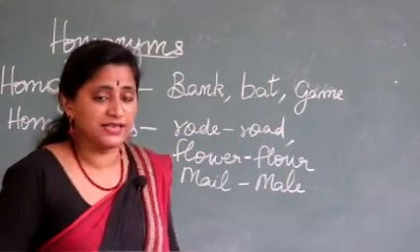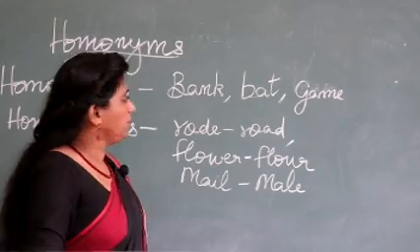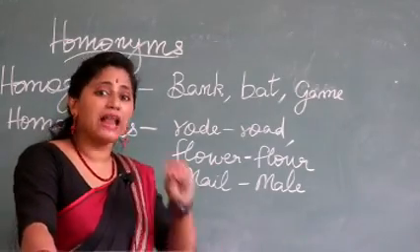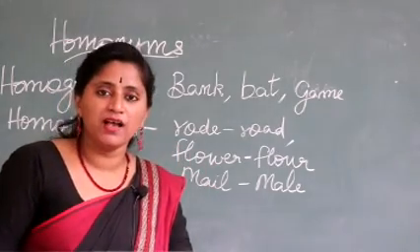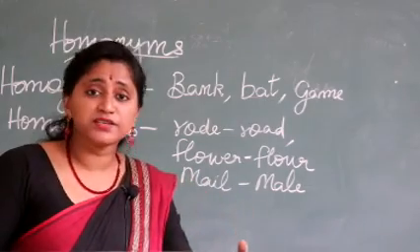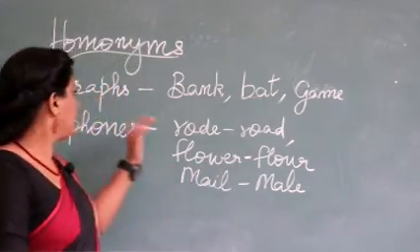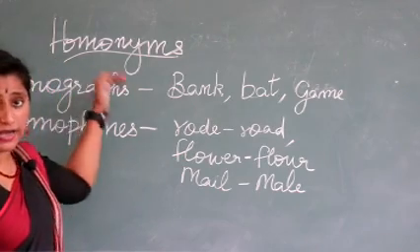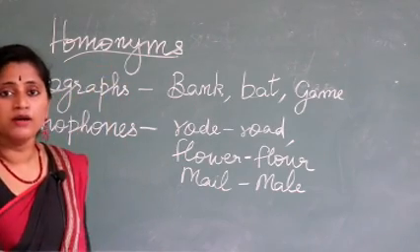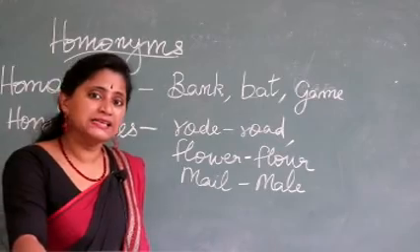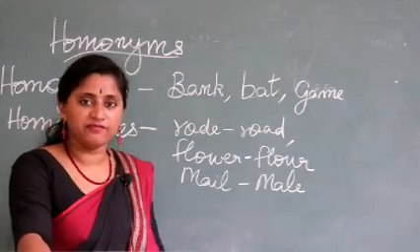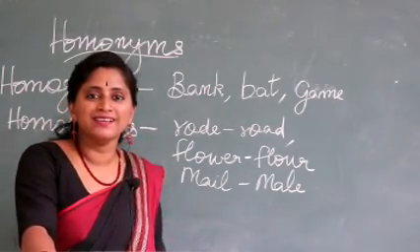So these are the words in which the graphic representation is the same and the pronunciation is also the same, whereas the meaning is different. We can call them homographs. Homo means same, and graph means writing.